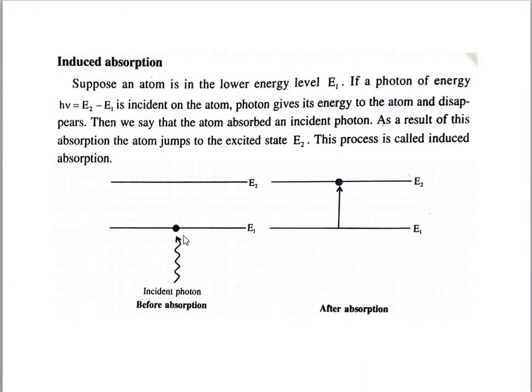The electron absorbs the light, and the energy of the photon should be equal to the energy difference between these two levels. That is the condition. Then only can these electrons be excited to the higher energy state. The energy of the photon should be exactly h nu equal to E2 minus E1. So this process is known as induced absorption.